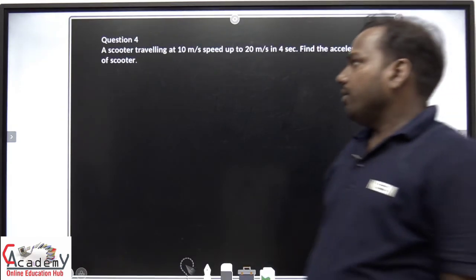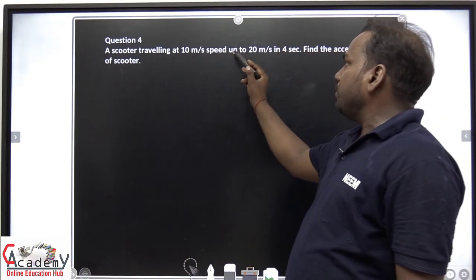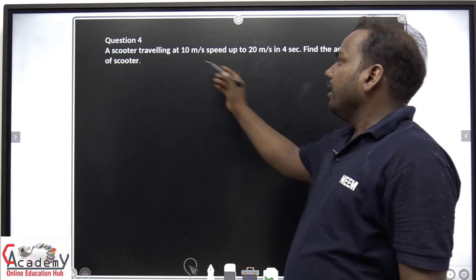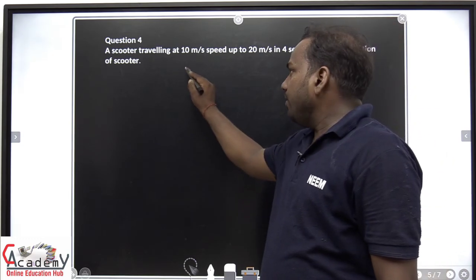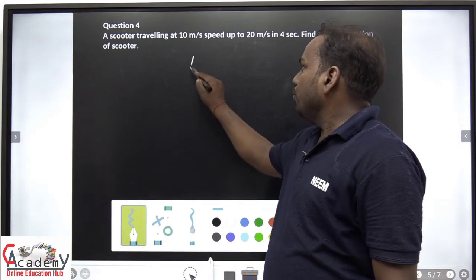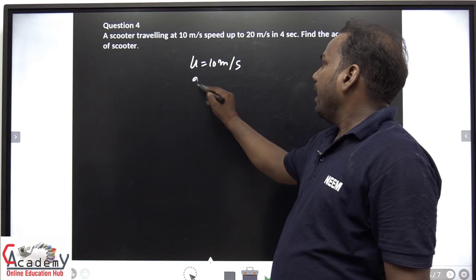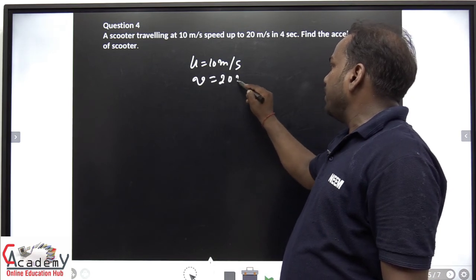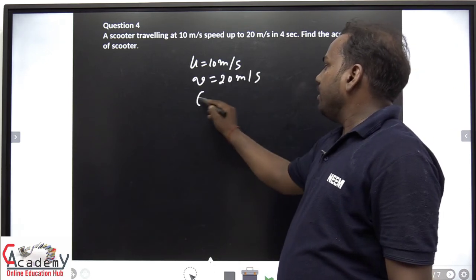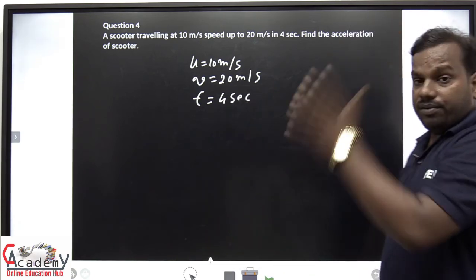next question. A scooter traveling at 10 meter per second speeds up to 20 meter per second. Here initial velocity u is 10 meter per second, and v is 20 meter per second. The time given is 4 seconds. You can solve it very easily depending on the previous question.